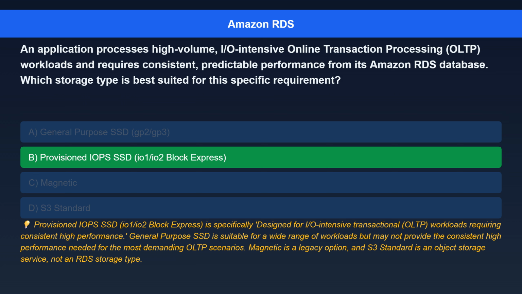General purpose SSD is suitable for a wide range of workloads, but may not provide the consistent high performance needed for the most demanding OLTP scenarios. Magnetic is a legacy option, and S3 Standard is an object storage service, not an RDS storage type.